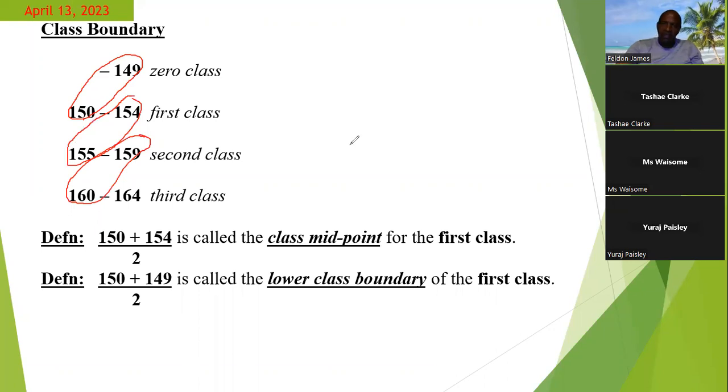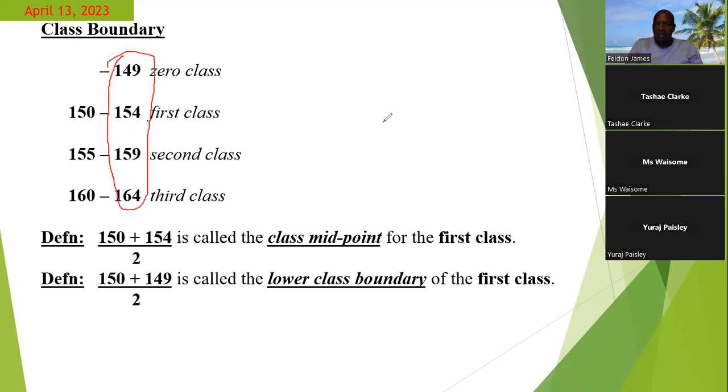Is it clear that in order to get a boundary, you just find the difference between them and then you add it to what? All of the values in the upper class limits. Is that clear? So for you to get all of the boundary values, the same 0.5, you add it to each of these.